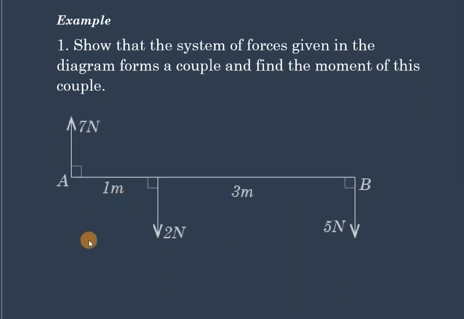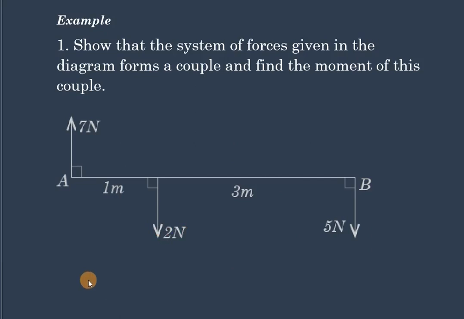There is this example where they are saying to show that the system of forces given in the diagram forms a couple, and find the moment of this couple. Let us try to resolve the forces parallel to the 7 Newton force. Upward forces are equal to 7, downward forces are also equal to 7.